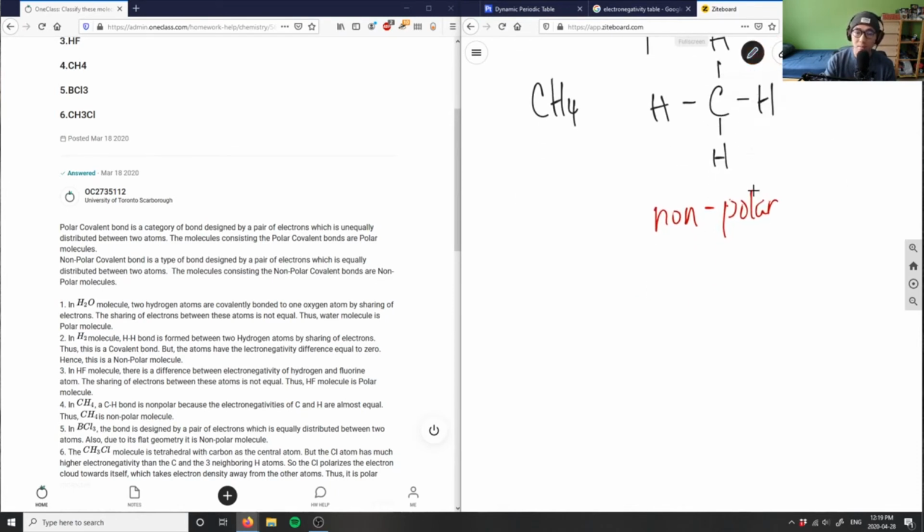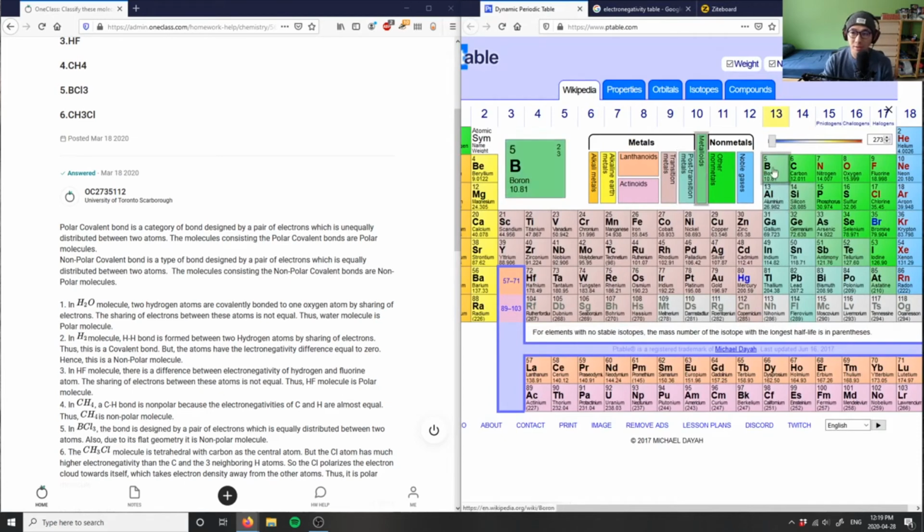BCl3. This is boron trichloride, and this here is B. Boron here is also a nonpolar compound. The reason is that boron can make 3 bonds. Boron is a kind of special molecule, right? It has three valence electrons.